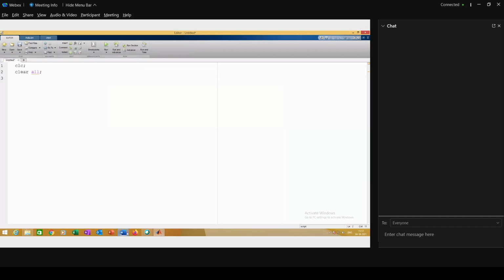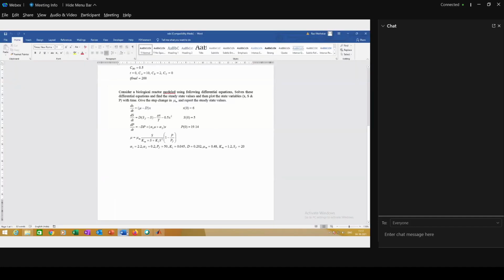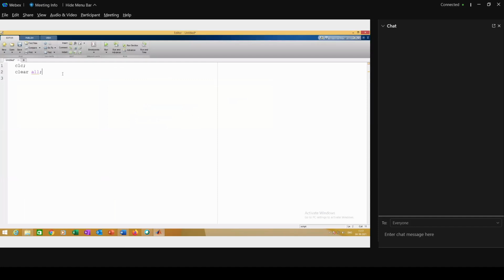Now look at the differential equations. Let's say we define the time span at this point as 0 to 10. So I have t span as 0 to 10. We will see later on, we can refine it.